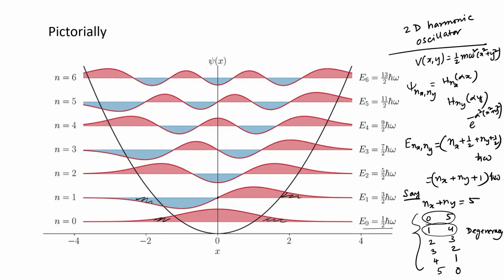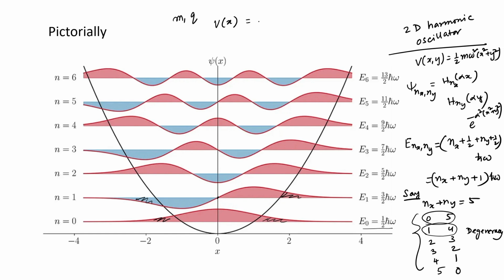There is another thing that one can think about: suppose this oscillator is charged, so not only does it have a mass, it also has a charge, some charge, positive, negative, whatever. And suppose it executes a simple harmonic oscillation, and you put it in an electric field. When you put it in an electric field, there is an additional potential that comes, which is equal to say qEx. We are not committing to the sign of q, but any charge would do, and E is the electric field.